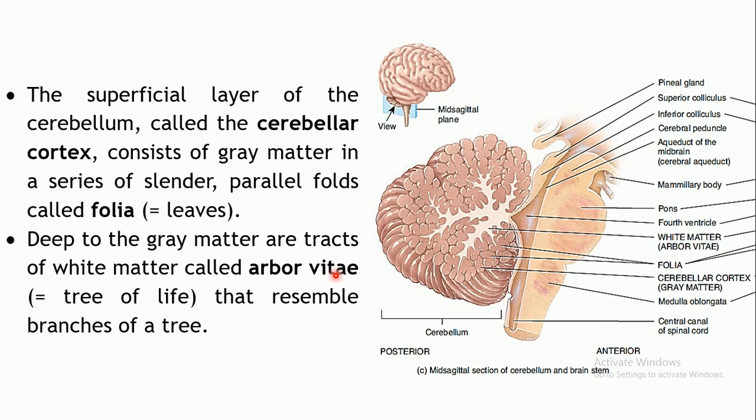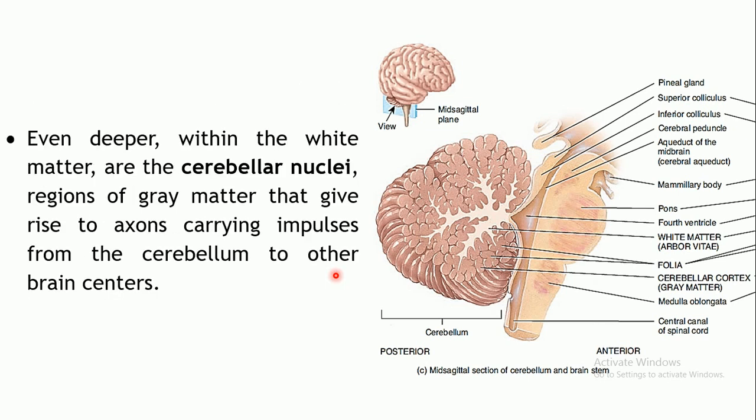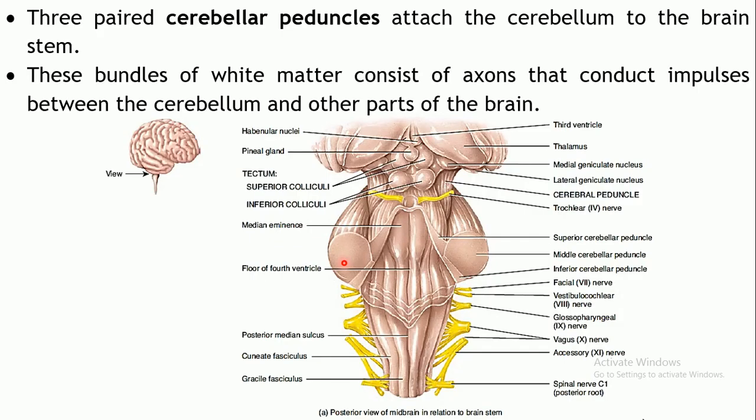Within this white matter are located the cerebellar nuclei. These are again regions of grey matter, which comprise the cell bodies of the axons carrying impulses from the cerebellum to the other centers of the brain. Now apart from this, there are three paired structures known as cerebellar peduncles.